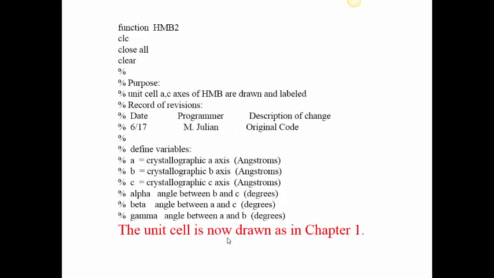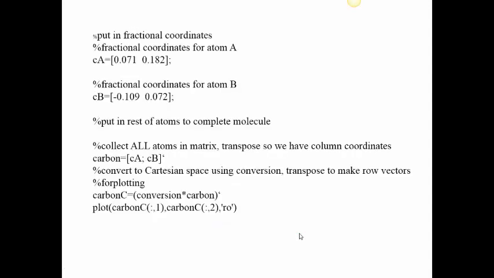And here's your program. The first part of the program defines your coordinates. Don't forget to put your own date and your own name, and then you're adapting to make figure 2.5. Now you're going to have your A, B, and C, your alpha, beta, gamma, and the unit cell is drawn as in chapter 1. That's already in there for you.